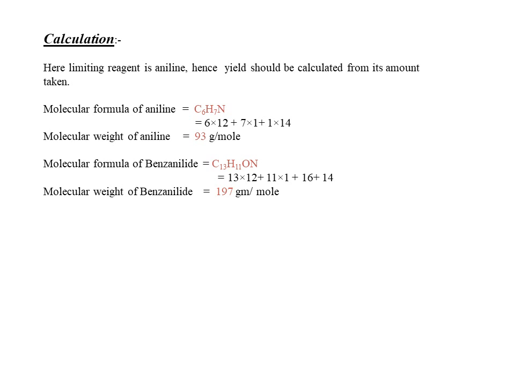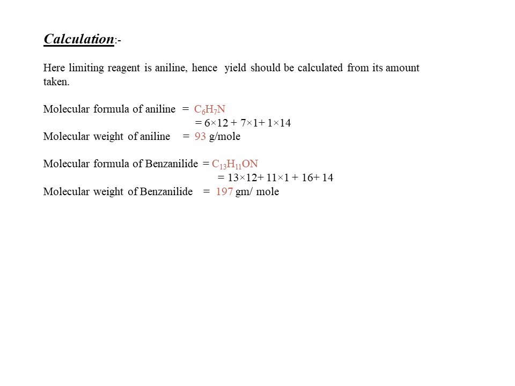Each number of atoms is multiplied by its atomic mass: 6 carbon atoms multiplied by the atomic mass of carbon, plus 7 hydrogen atoms multiplied by the atomic mass of hydrogen, plus 1 nitrogen atom multiplied by the atomic mass of nitrogen, that is 14. So the molecular weight of aniline is 93 gram per mole.